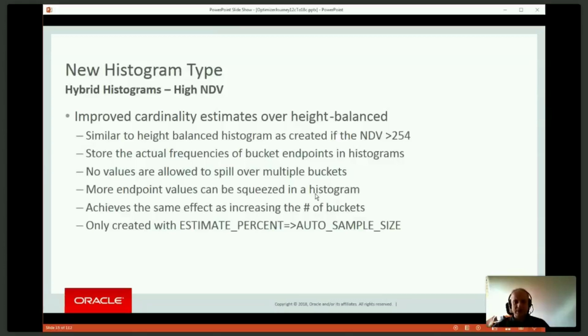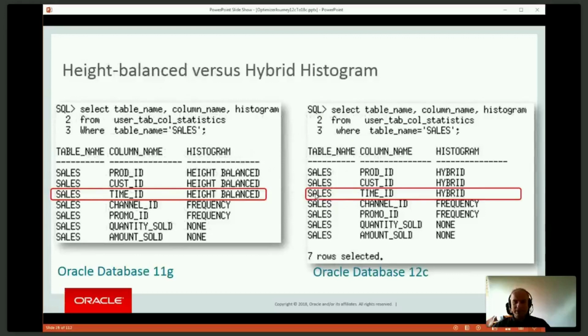So they're very similar to height balance, but they refine the way that the values are statistically held, if you like, which gives you better cardinality estimates. So the idea behind hybrids is if you have height balanced previously, when you move to hybrids, your cardinality estimates will be better. So this is what it kind of looks like in the database.